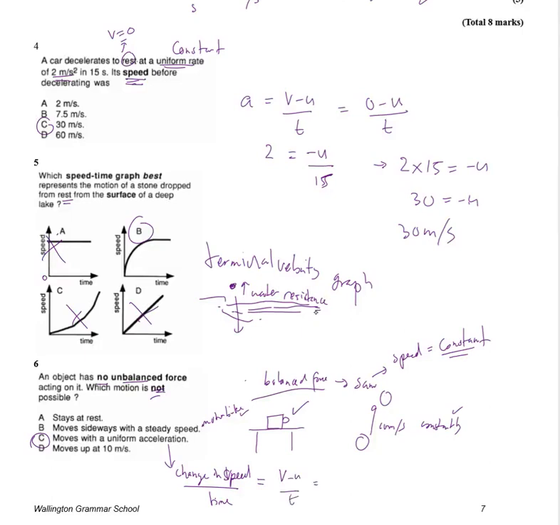Let's say the final velocity is 1. Take away the initial velocity, let's say the initial velocity is also 1. So there's no change. So what happened? It's 0. So therefore, uniform velocity. The words uniform acceleration mean there is acceleration. Therefore, this is not possible.